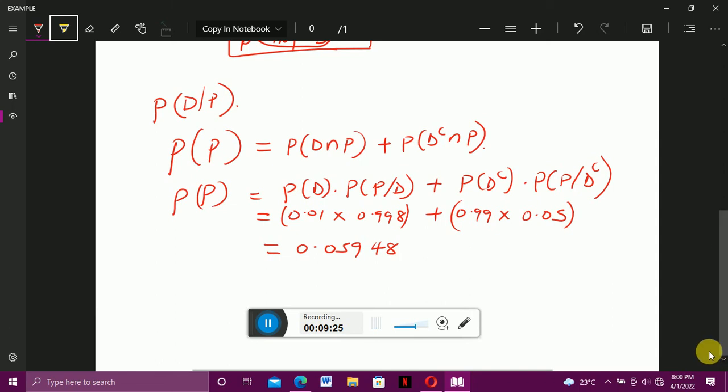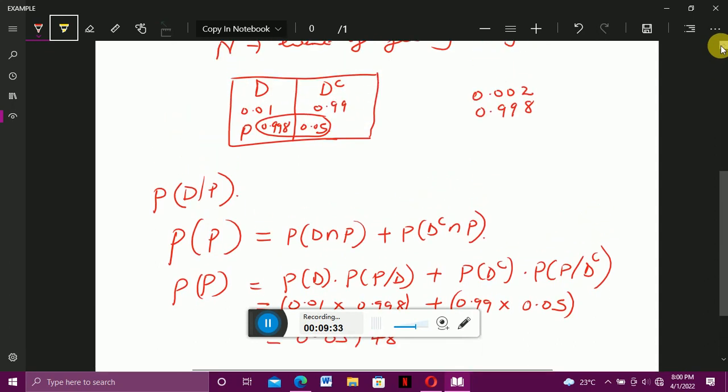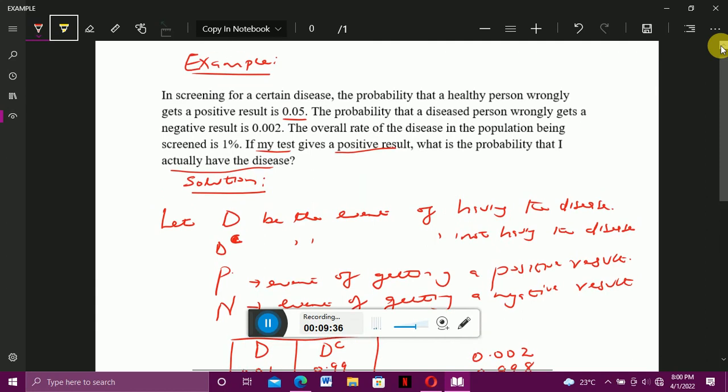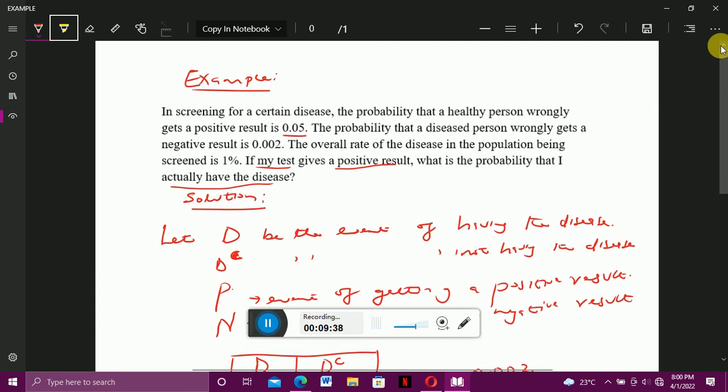So first of all, I'm going to clear my board so that I can have some space to write.